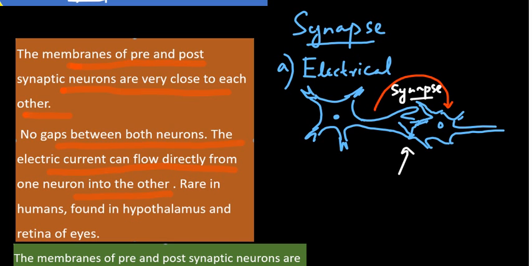Here in this case, the first neuron is called the presynaptic neuron. The neuron to which the electric current is passed is called the postsynaptic neuron.